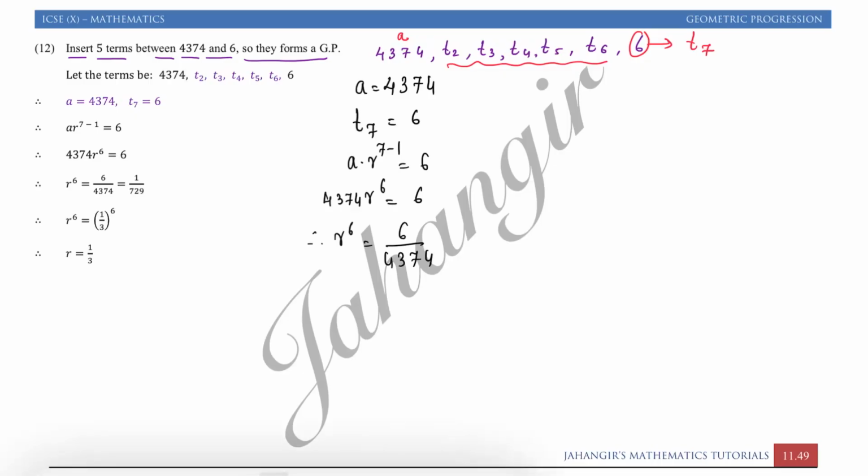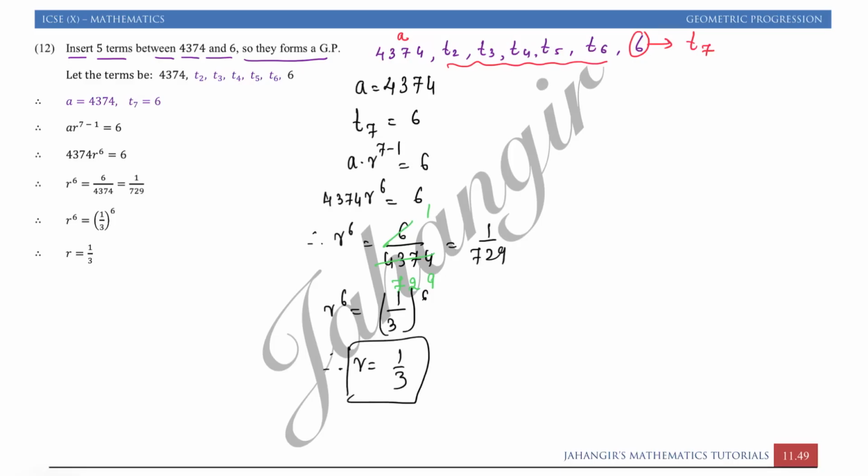If you cancel out, 6 ones are 6, 6 sevens are 42, 6 twos are 12, 6 nines are 54. So that is 1 upon 729. Therefore R raised to 6 is equal to 1 upon 3 all raised to 6, so R is equal to 1 by 3.